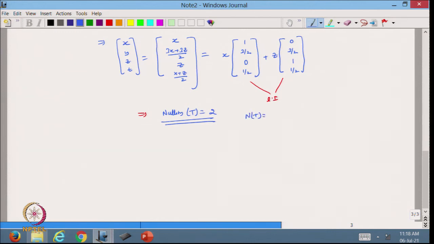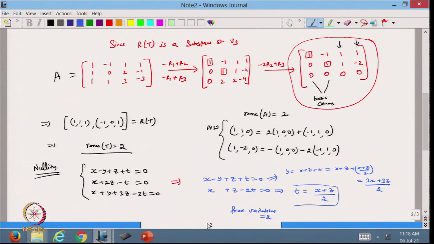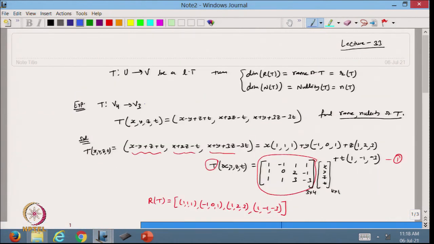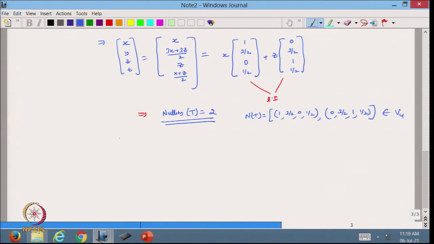So, I can write that NT is spanned by 1, 3 by 2, 0, 1 by 2 one vector, and 0, 3 by 2, 1, 1 by 2 another vector, and this definitely we know is a subspace of V4, sorry, because we have a linear transformation from V4 to V3. So, from here also we can check that the rank plus nullity, that is 2 plus 2, is equal to the dimension of V4, that is 4.